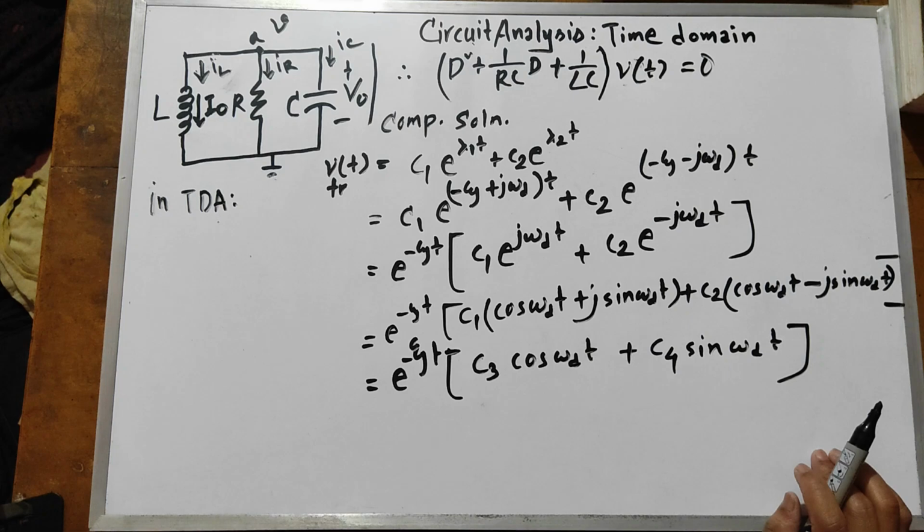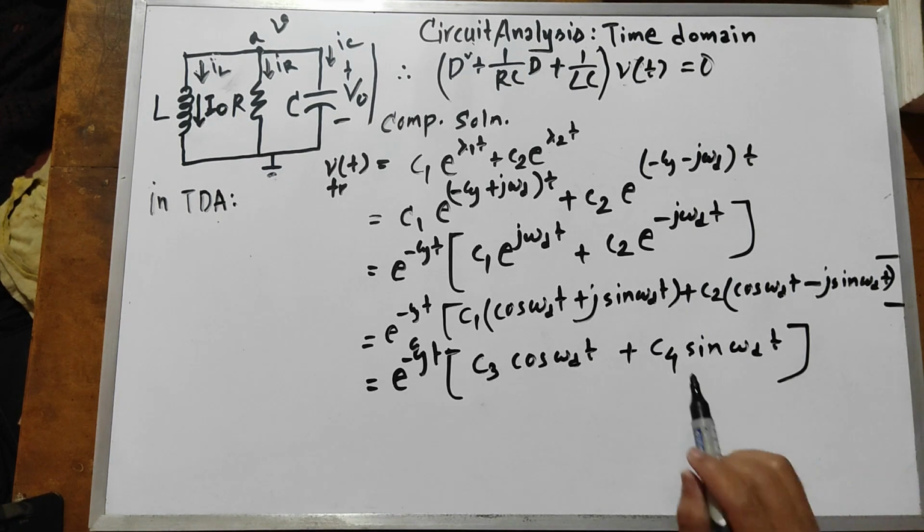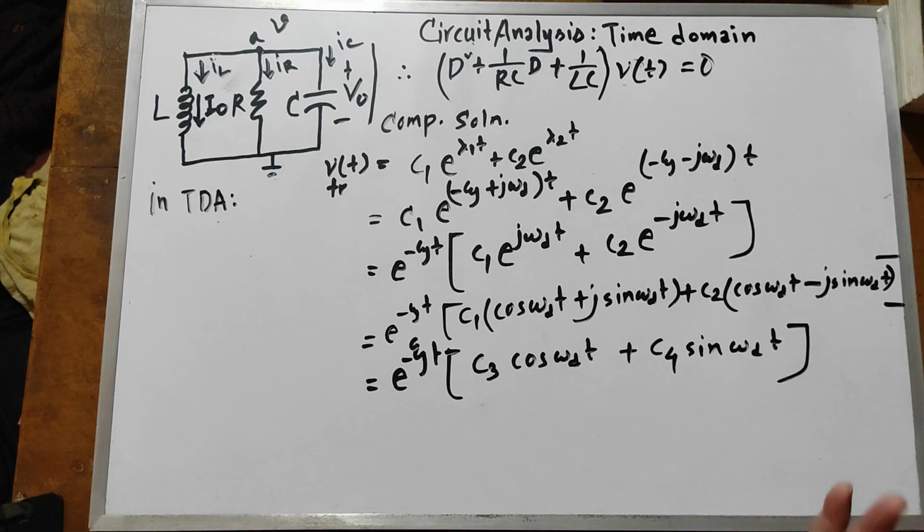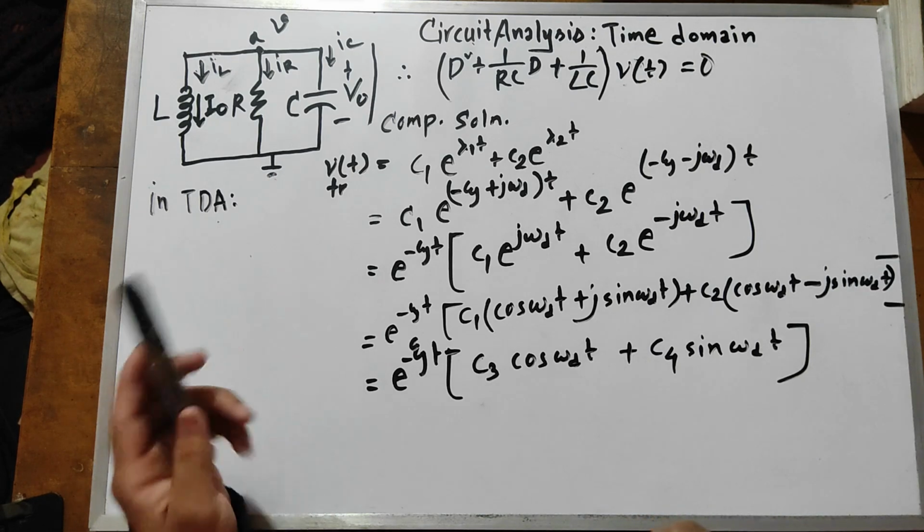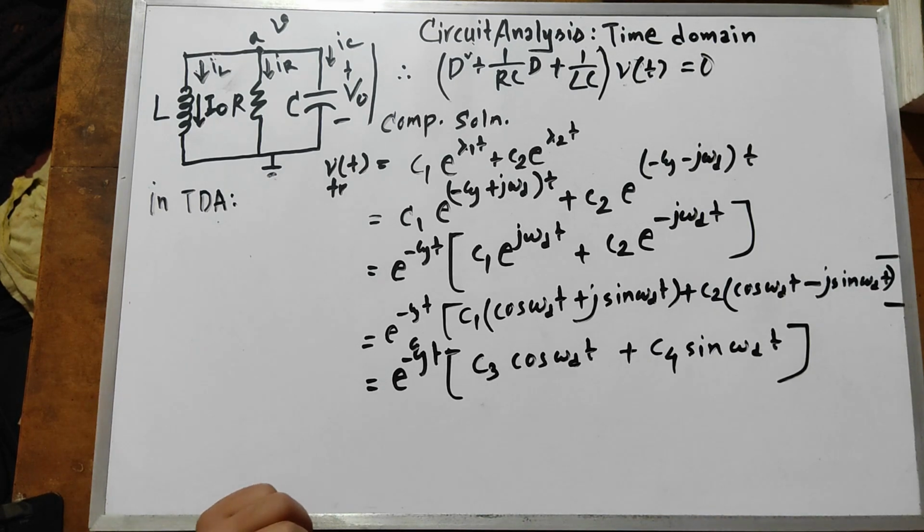All we have to do now is find the arbitrary constants, and that will be it. We can get the arbitrary constants from the assumptions I have made for this circuit: the initial current through the inductor and the initial voltage across the capacitor. I can use these boundary values to get the arbitrary constants C3 and C4.